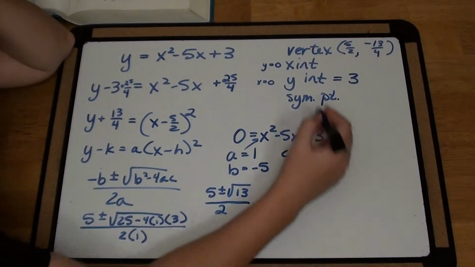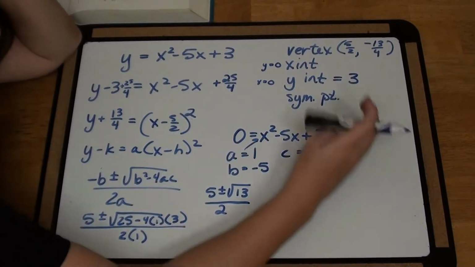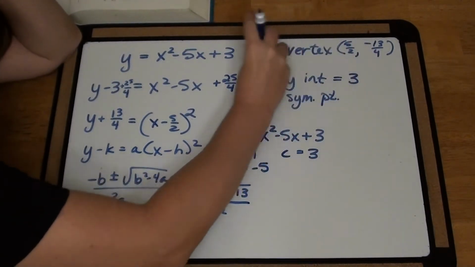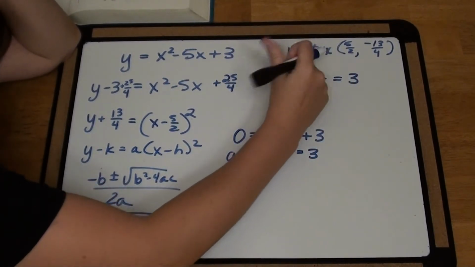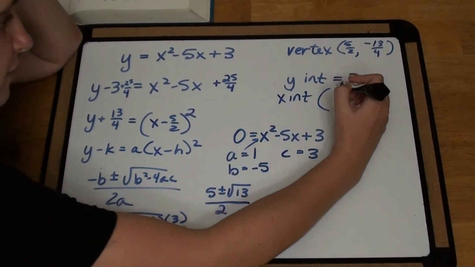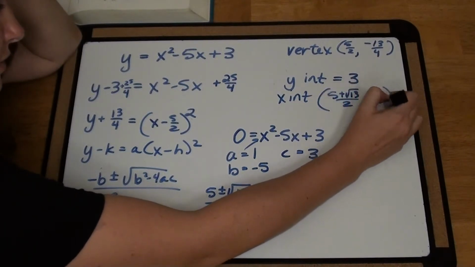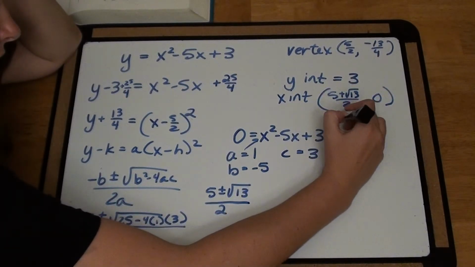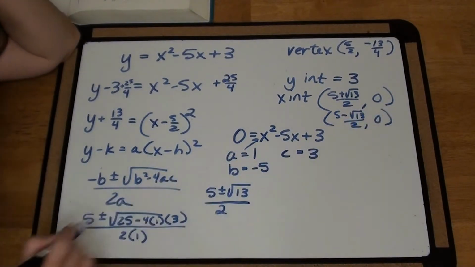So if I'm looking for my x-intercepts, I'm going to move this down because I need a little more space. My first one will be (5 plus the square root of 13) over 2, 0. My next will be (5 minus the square root of 13) over 2, 0.